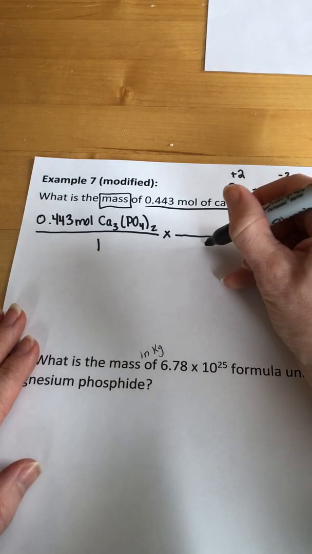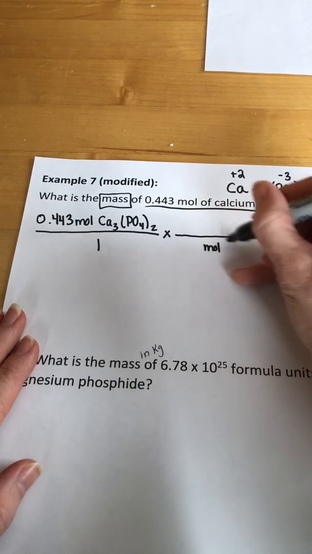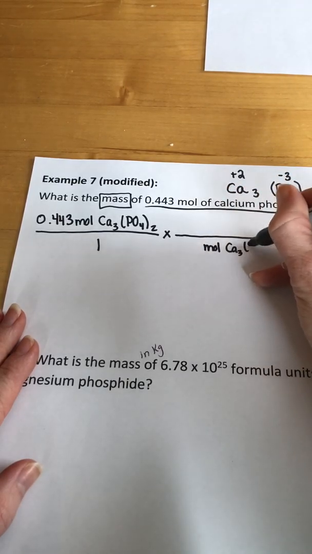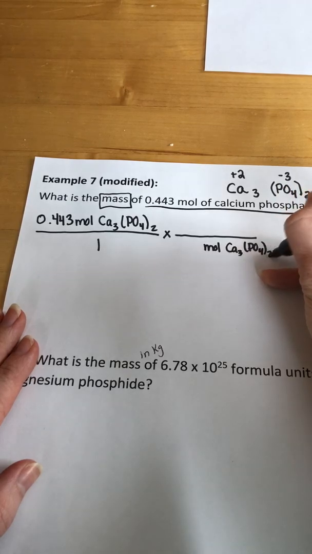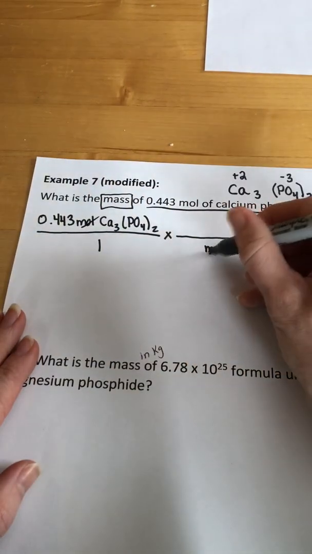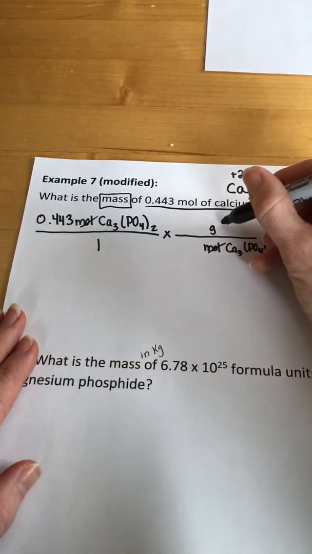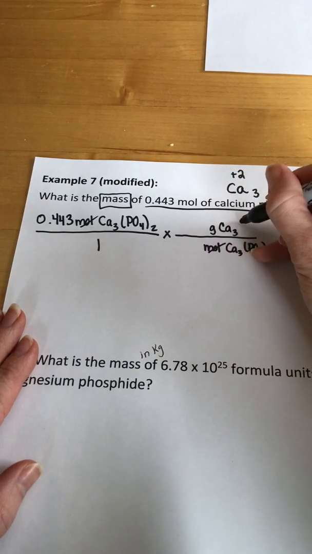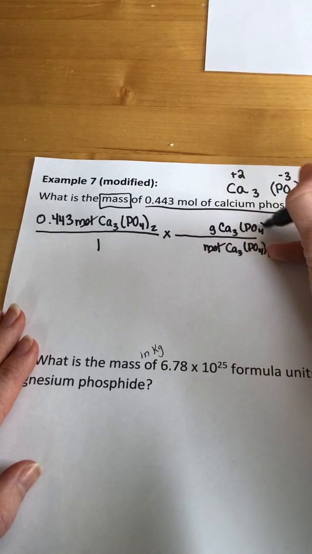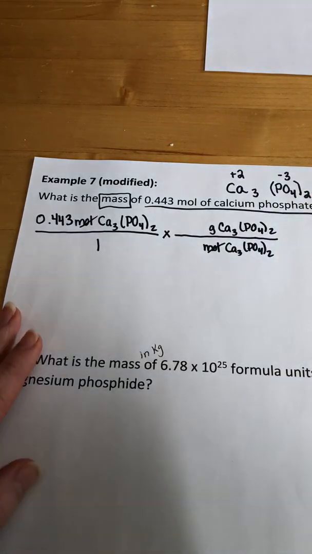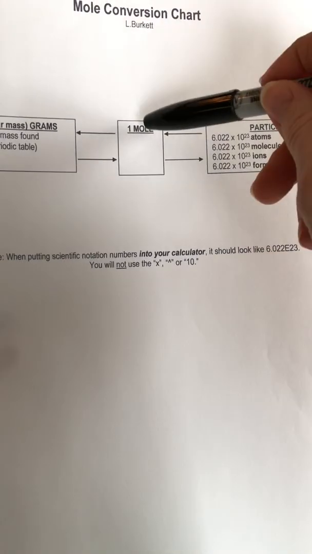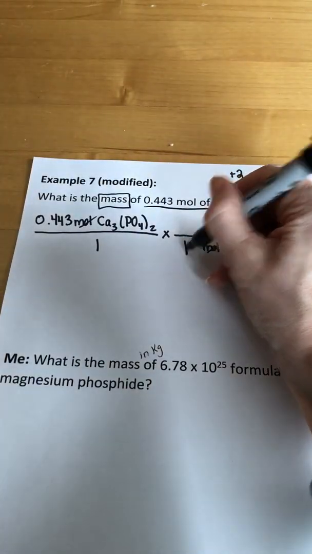Since moles is on top, I'm going to put moles on the bottom. And grams goes on top. That's what I'm converting to. Okay, and according to my chart here, wherever mole is, I can put my 1.